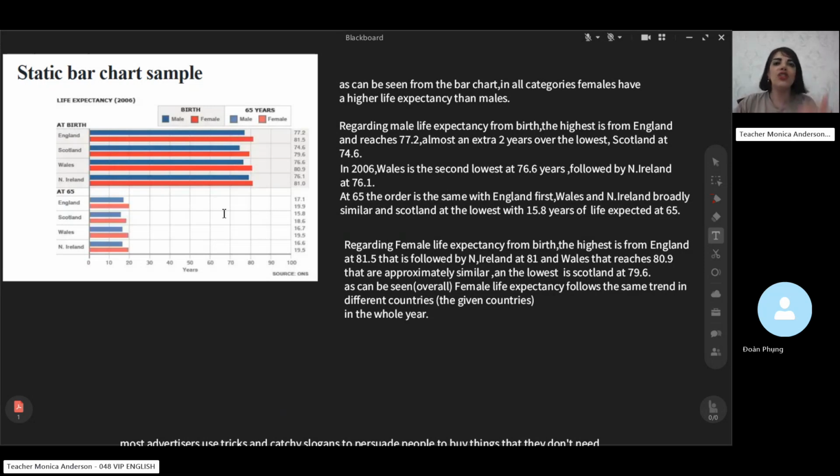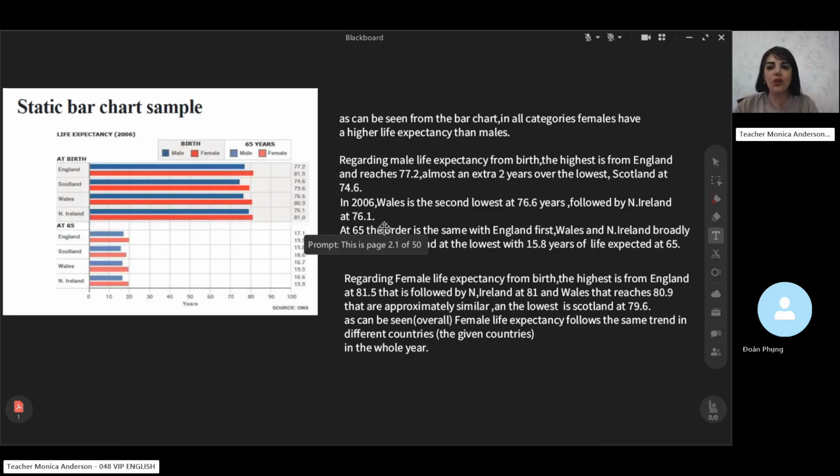So you can mention that both male and female follow the same pattern, for example England first and then Scotland. Just if there is a difference, you need to say it. If not, you don't need to compare them one by one.